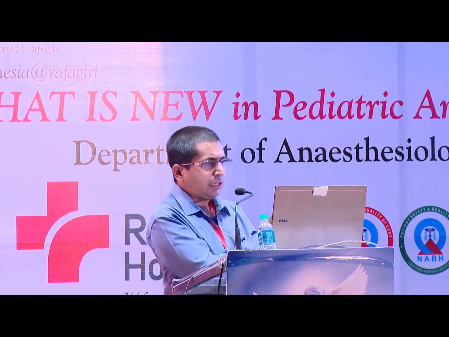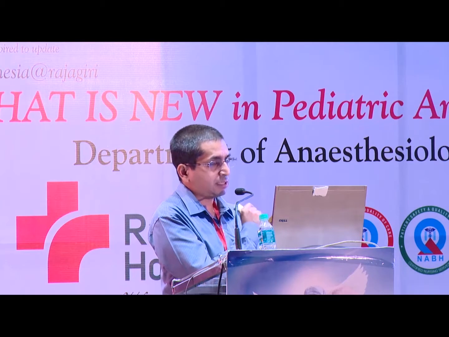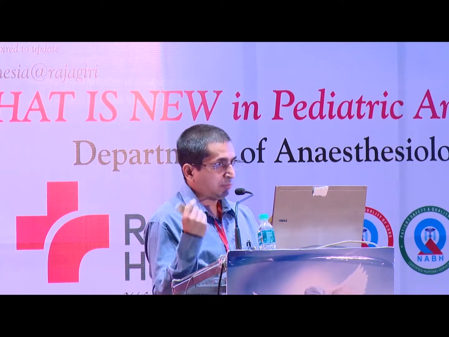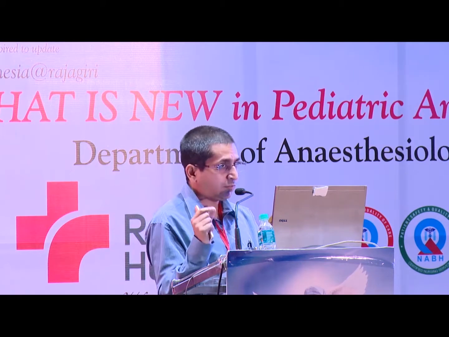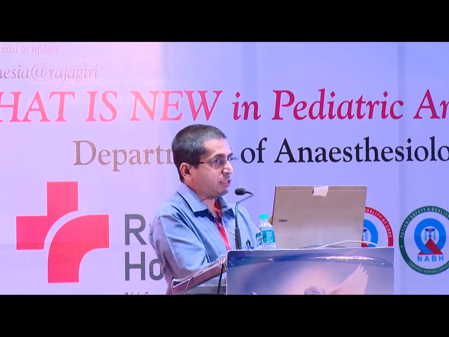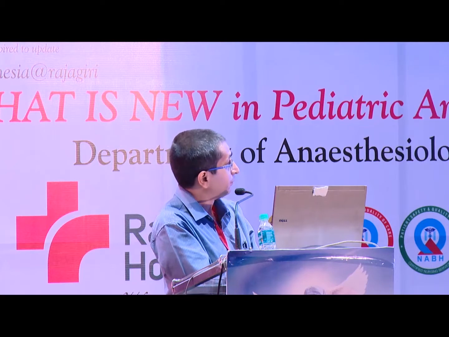Then if you have a patient with cyanosis, is there any factor that is causing persistent fetal circulation? This is the tricky bit because anything, hypothermia, sepsis, all of these cause persistent fetal circulation. So these are the 3 questions that you have to ask before you anesthetize any cyanotic child.